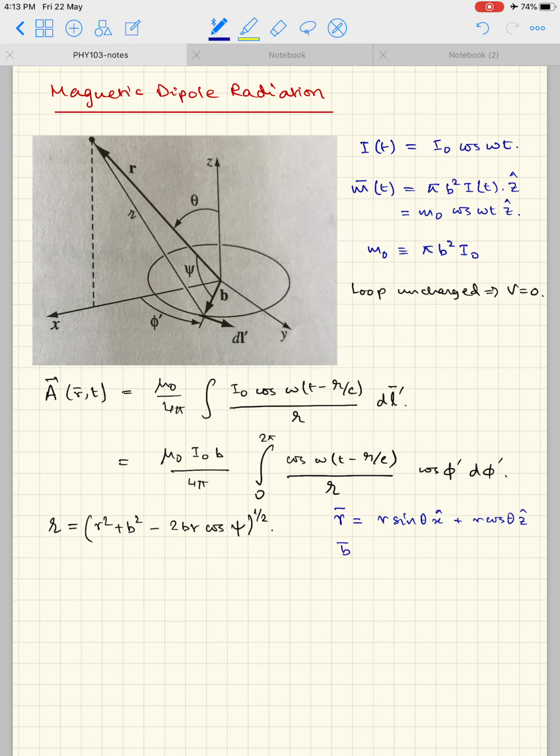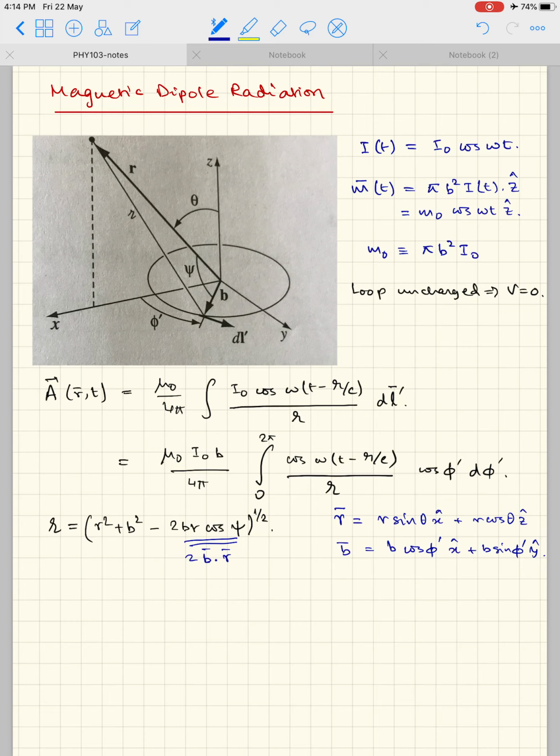b, on the other hand, is in the xy plane. So this is b cos phi primed x cap plus b sine phi primed y cap. So now of course, this term br cos psi that we have written out here is just twice b dot r, right?